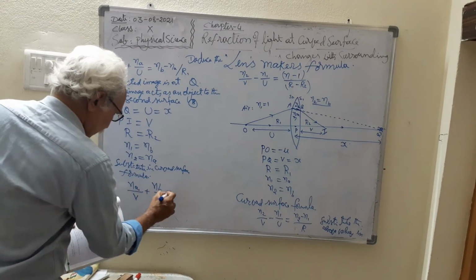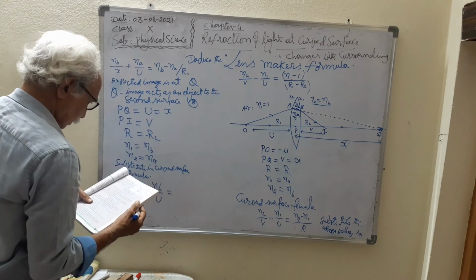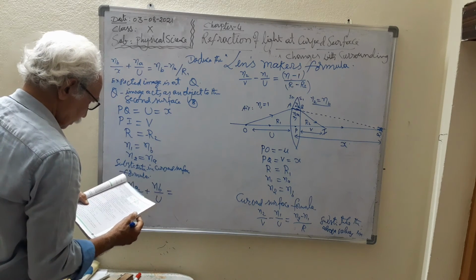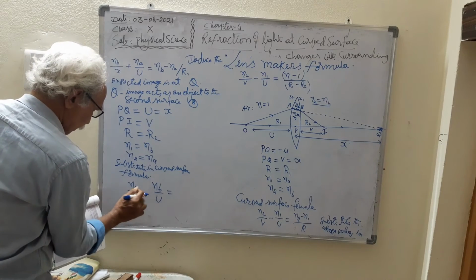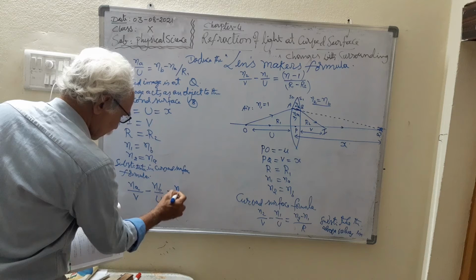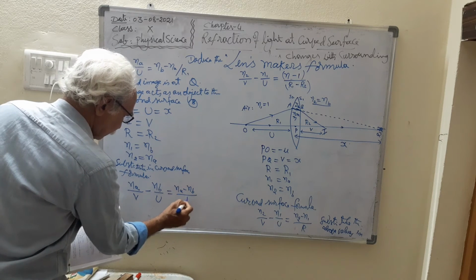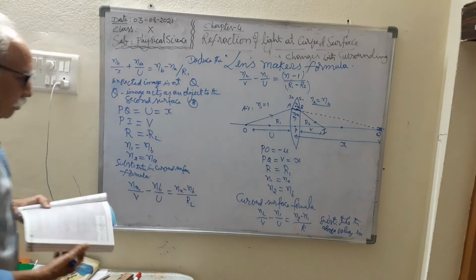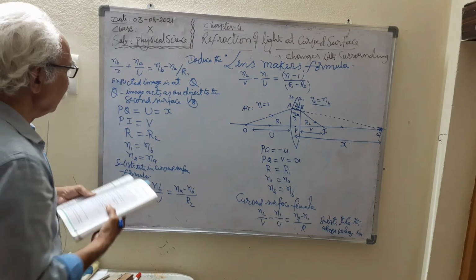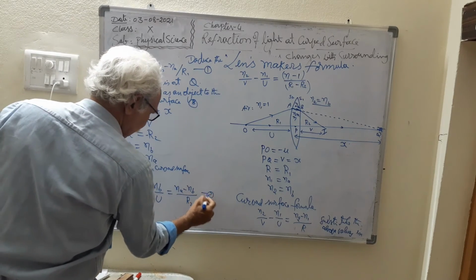NB minus NA by R2, the second one. So here is the first equation and here is the second surface equation.